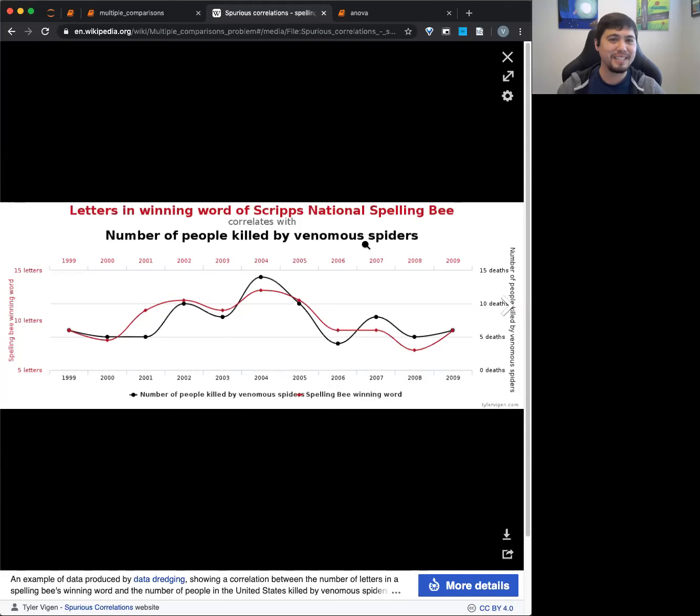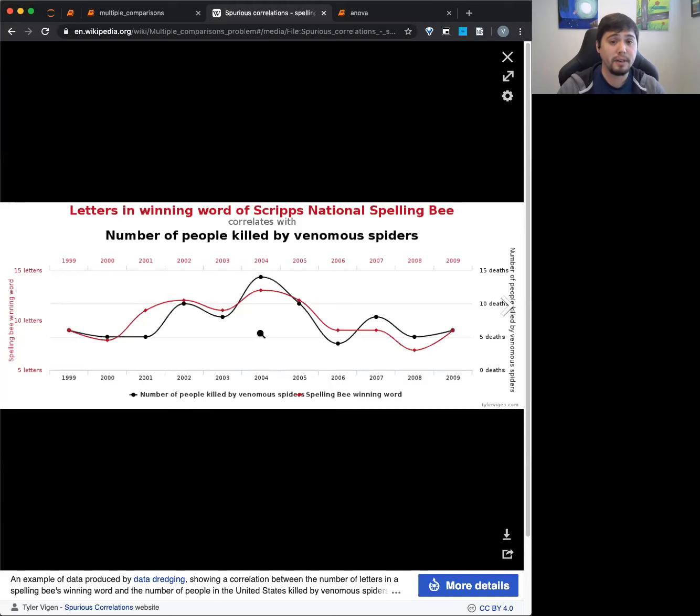Obviously that's ridiculous. This has no effect. But you can build this up by looking at many, many different factors. Eventually, by looking at enough things, just by pure chance, you will find relationships that don't actually exist, but they look like they're correlated.